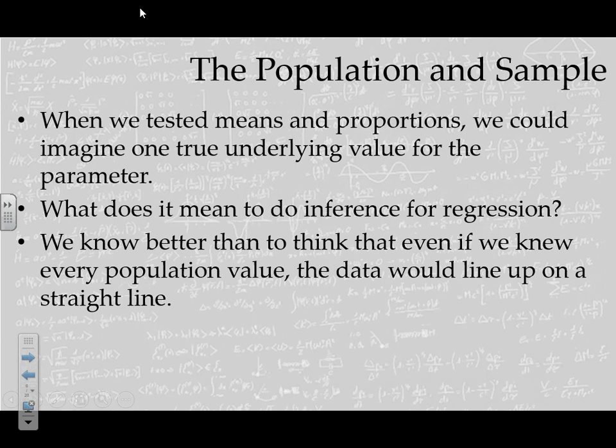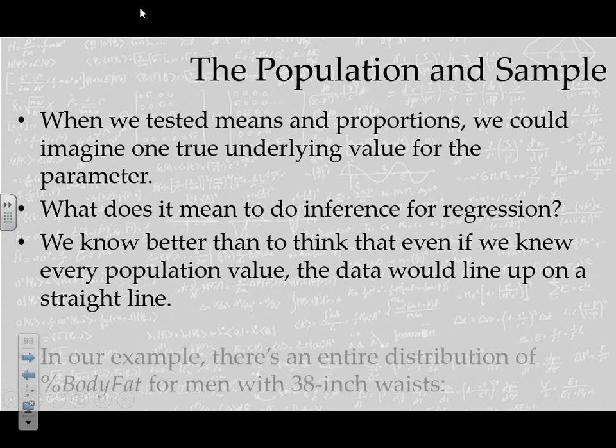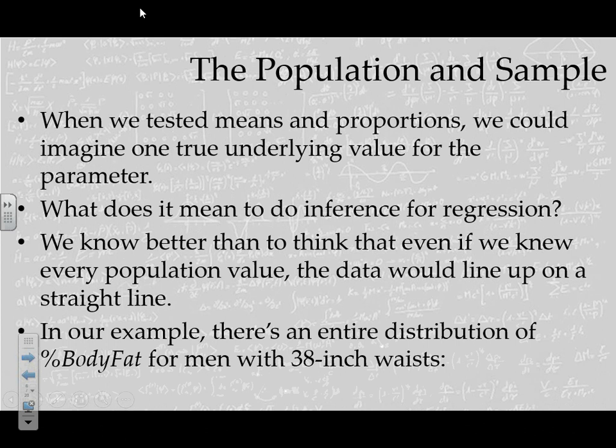We know better than to think that if I found every single person's information, if I was able to go out to the entire population, measure every single person's waist size, and get their percent body fat, my data would line up in a straight line. Real world data just doesn't do that. So the whole idea is determining whether we have that linear relationship or not based on the sample we're looking at.